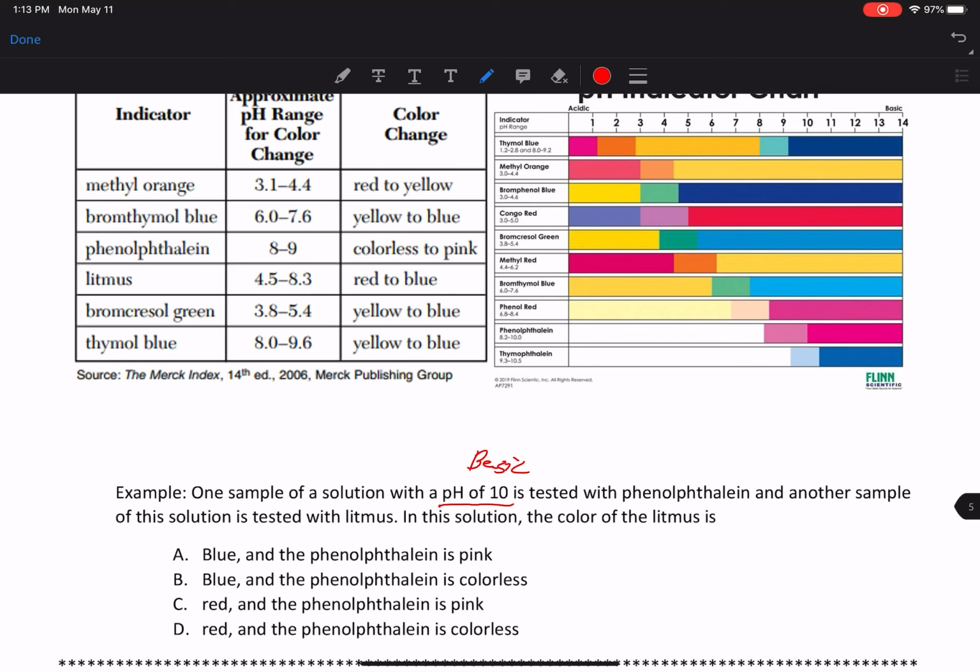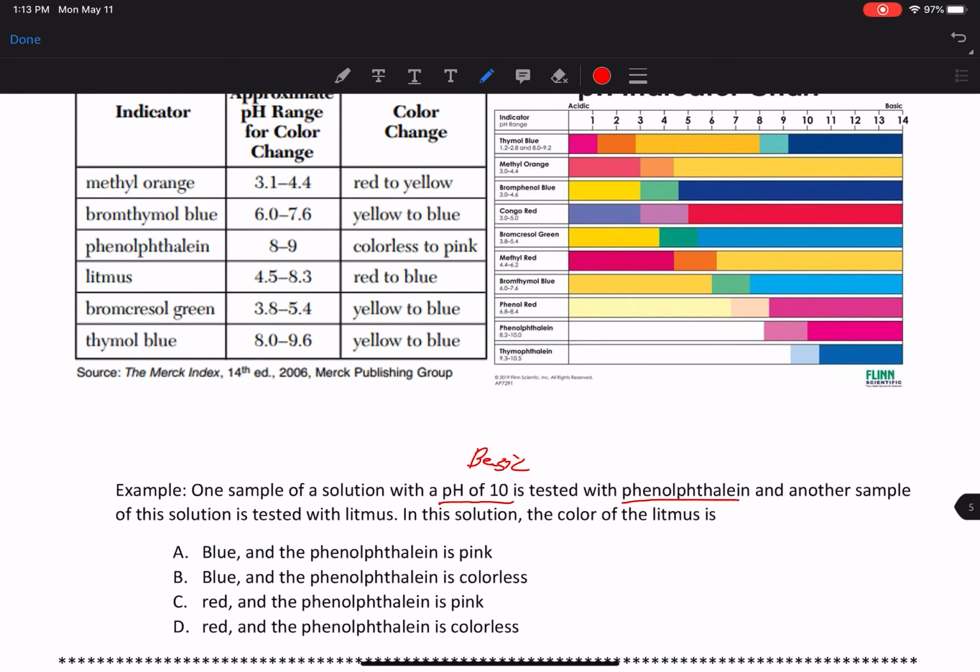Is tested with phenolphthalein. So let's look up at table M. So here's phenolphthalein. It has a range of 8 to 9. This means when it's greater than 9, it's going to be pink. When the pH of its environment is less than 8, it's going to appear colorless. So if you have a pH of 10, it's going to appear pink.